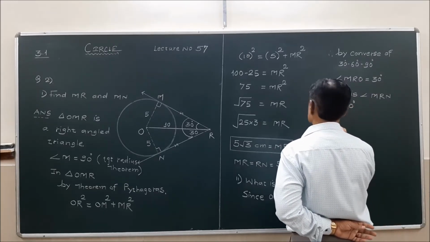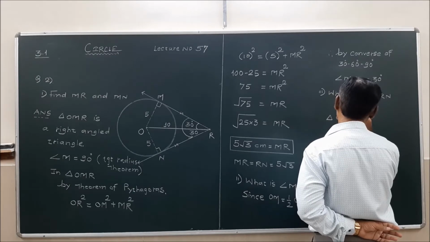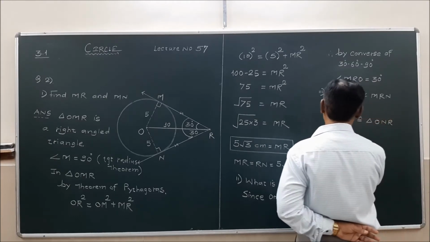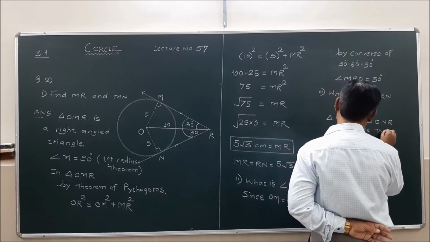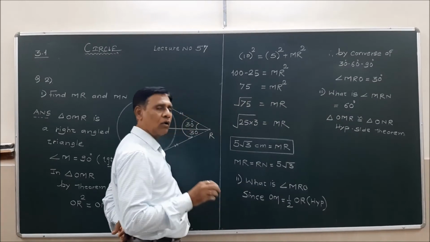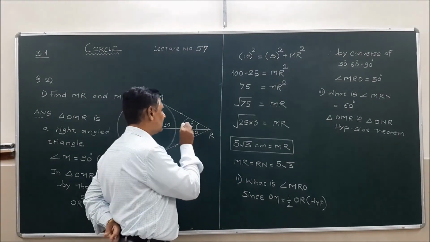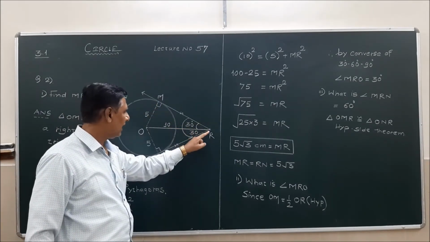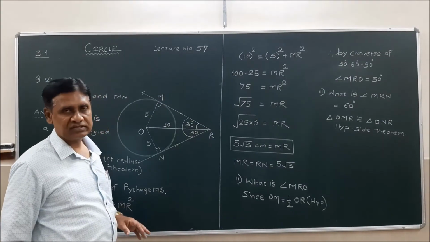We must mention over here triangle OMR is congruent to triangle ONR by hypotenuse side theorem, and therefore these two triangles are congruent. If these two triangles are congruent, their corresponding angles are also congruent. Therefore, we got this as 30. If this is 30 and this is 30, we'll get total angle MRN is 30 plus 30 as 60. That is what is written over there.